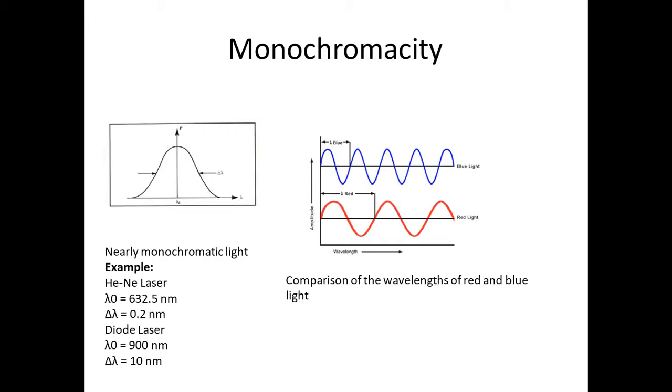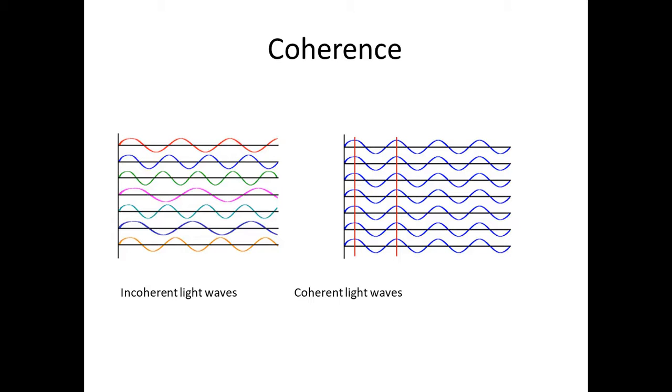These are the two waves, blue light and red light. We can see here the wavelength of blue light is less and the wavelength of red light is more, and both of them are monochromatic.